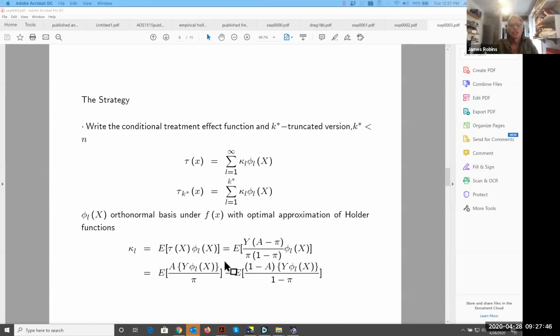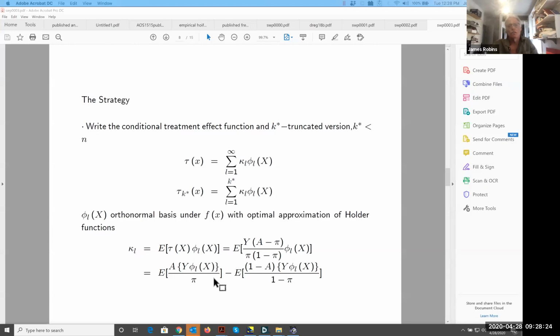You'll see clearer what's going on if I write this algebraically as the expected value of A over pi times Y times phi L, minus the expected value of (1 minus A) over (1 minus pi) times Y times phi L. If the phi L wasn't here, this would just be the treatment effect if everyone was treated, and this the treatment effect if everyone's untreated. But here, times phi L, that makes sense because I'm taking the difference between the two. I'm estimating the treatment effect at level X.